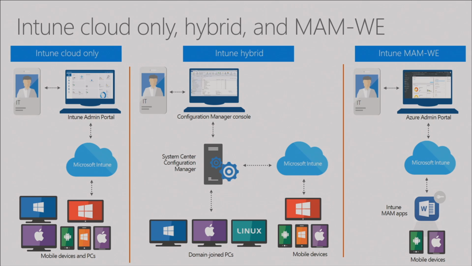It is managed by a web-based administrative console that we call the Intune Admin Portal. The devices are enrolled and managed over the internet. And we support platforms of iOS, Android, Windows, Windows Phone, and Mac. Now, this is a very popular, becoming more popular deployment option that organizations are choosing.